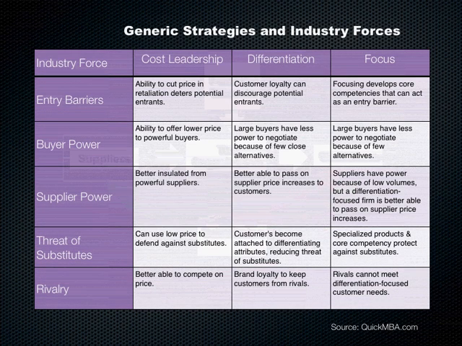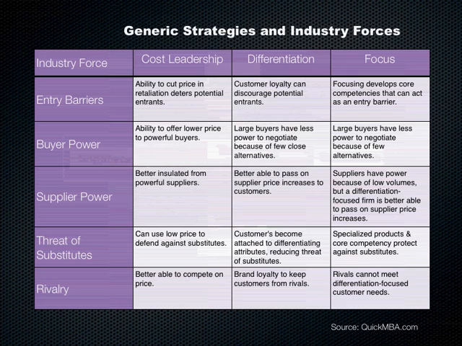If we compare the three strategies, cost leadership, differentiation, and focus, to the particular industry elements, barriers to entry, buyer power, supplier power, substitutes, and rivalry within the industry, the five forces, we can see what the particular strategy might be for an organization following a particular strategy.